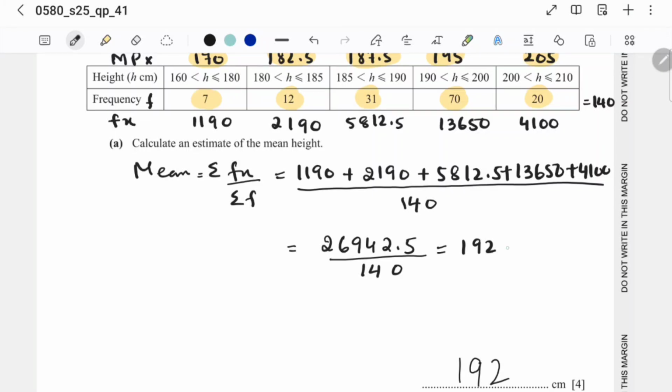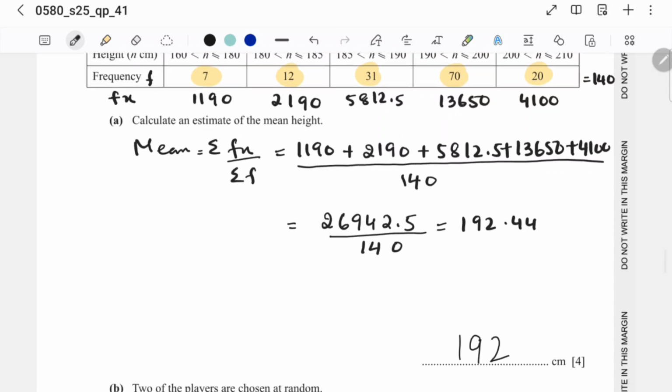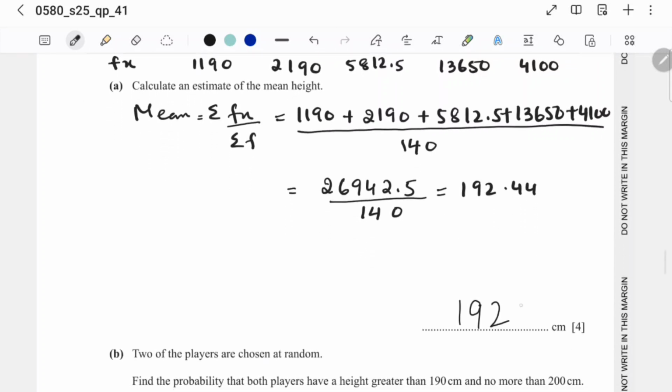So in decimals 192.44 is coming. So as a whole number we can write down 192, or 192.4 is also something you can write down there.